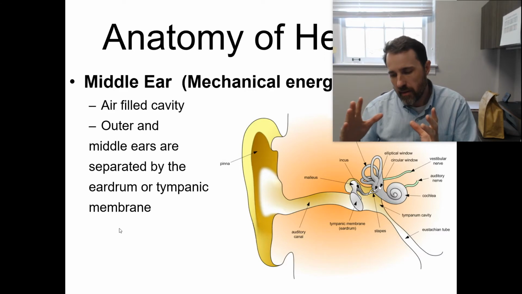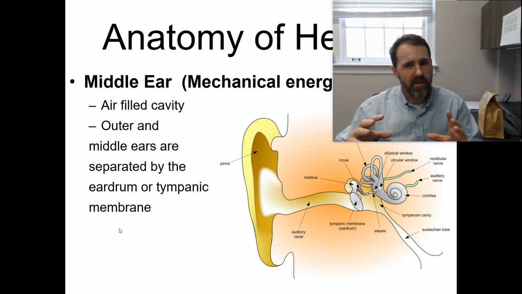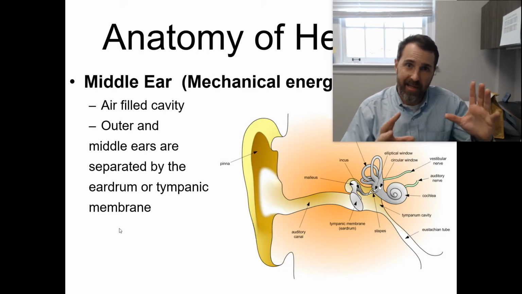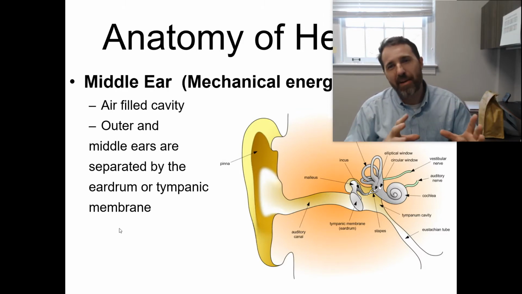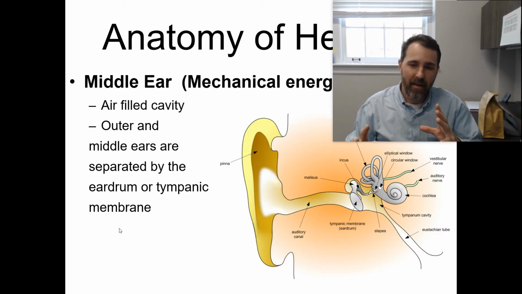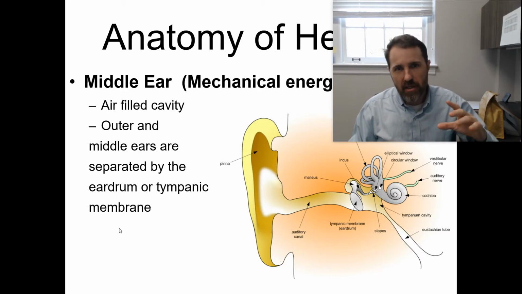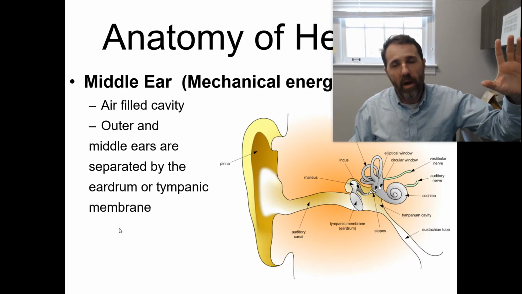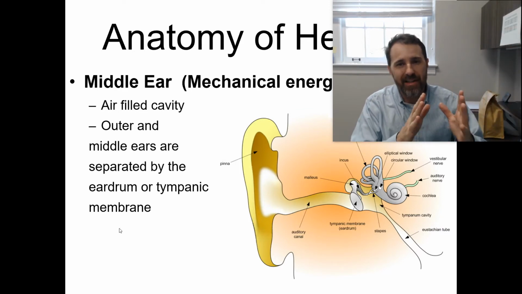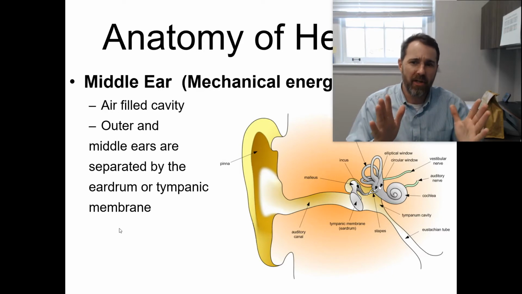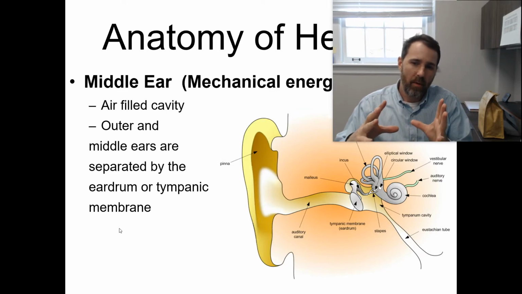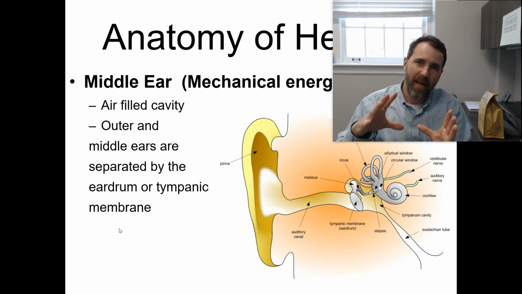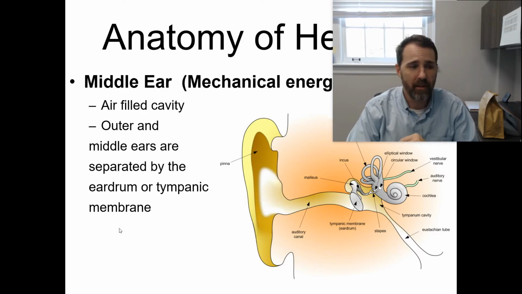All right, so if the purpose of the outer ear is to receive and direct acoustic energy down to the eardrum, it's the purpose of the middle ear to receive that acoustic energy and change it into mechanical energy, meaning this energy is going to go from waves, movement of molecules in the air, compression and rarefaction of molecules in the air, into actually moving the tympanic membrane, which is your eardrum, which is going to move the structures of the middle ear.